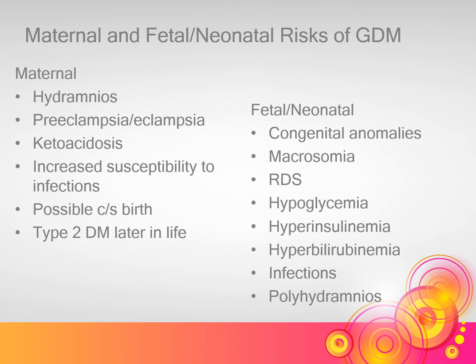Okay? RDS, fetal insulin decreases surfactant production. So your neonate would have RDS at birth. Hypoglycemia, this is because your baby is used to receiving a continuous supply of glucose, but as soon as they're born, that glucose is cut off.